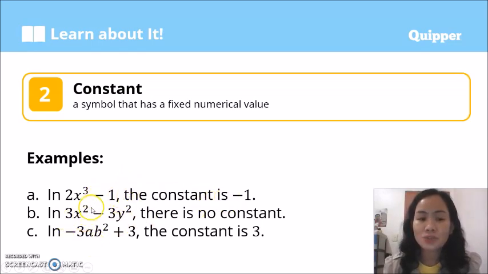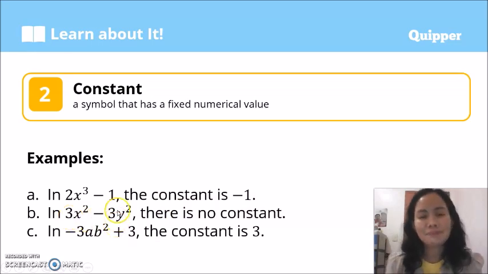In 3x squared minus 3y squared, there is no constant. Yung iba sasabihin na ang constants dyan ay yung 3 at saka negative 3. Well, in a way, yes, we can consider them as constants, but we are talking about constant term here. Okay, constant term. And we have a specific term for 3 and negative 3.